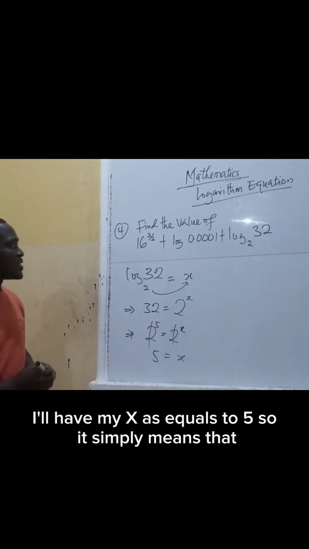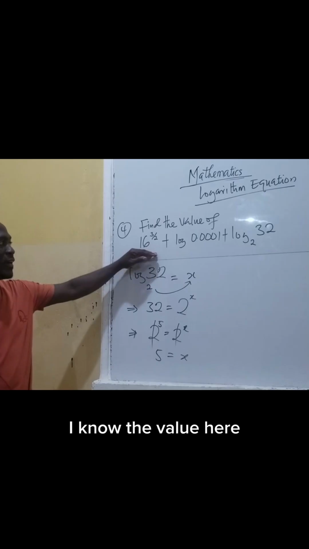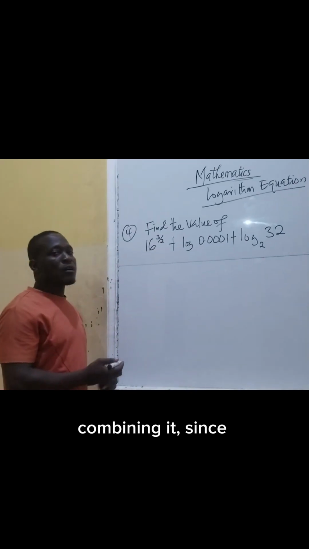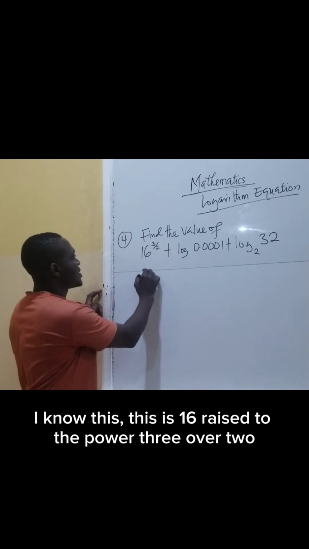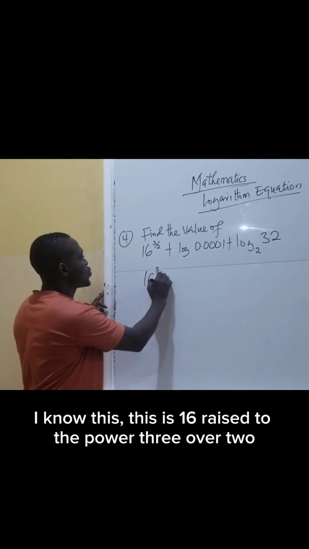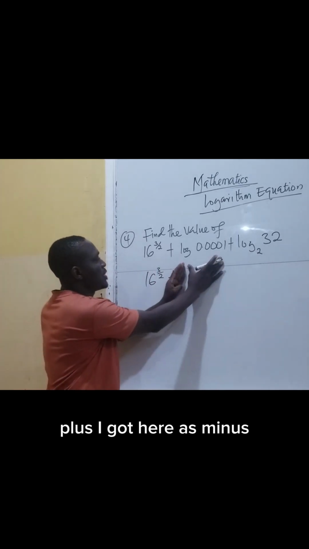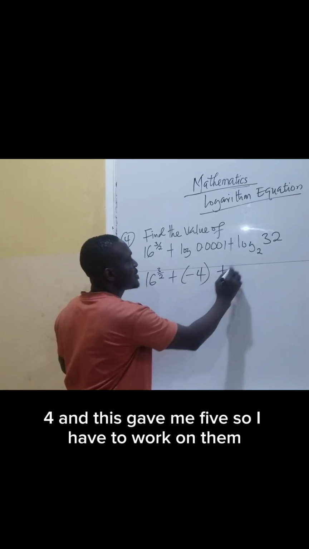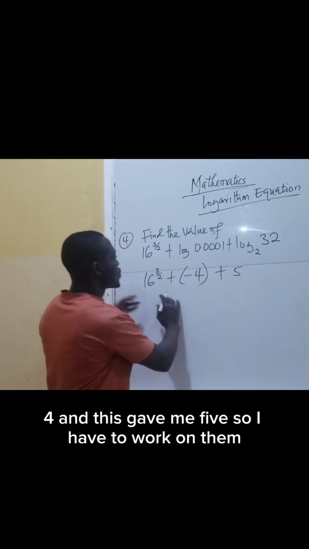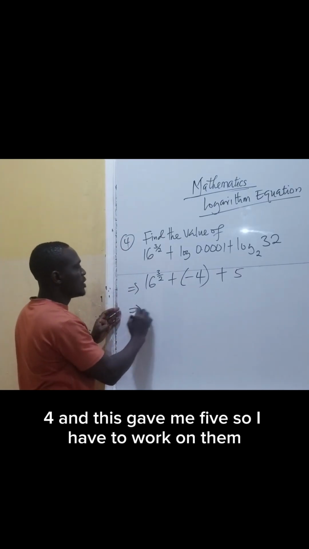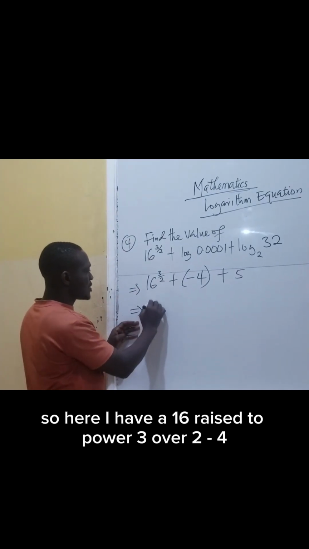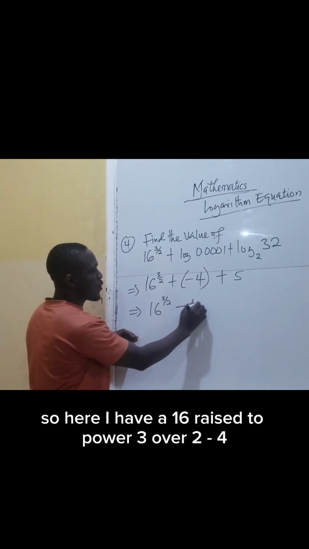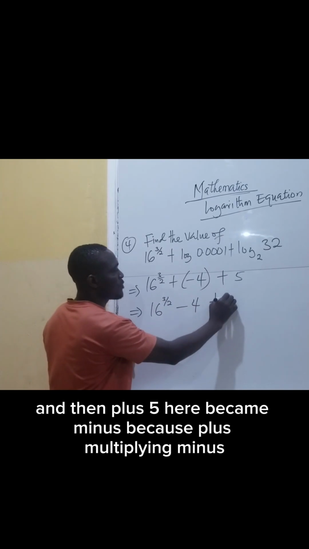So it simply means that I've known the value here, I know the value here, and I've also gotten the value here. Combining it, since I know this is 16 raised to power 3 over 2, plus I got here minus 4, and this gave me 5. So I have to work on them. So here I have 16 raised to power 3 over 2 minus 4 and then plus 5.